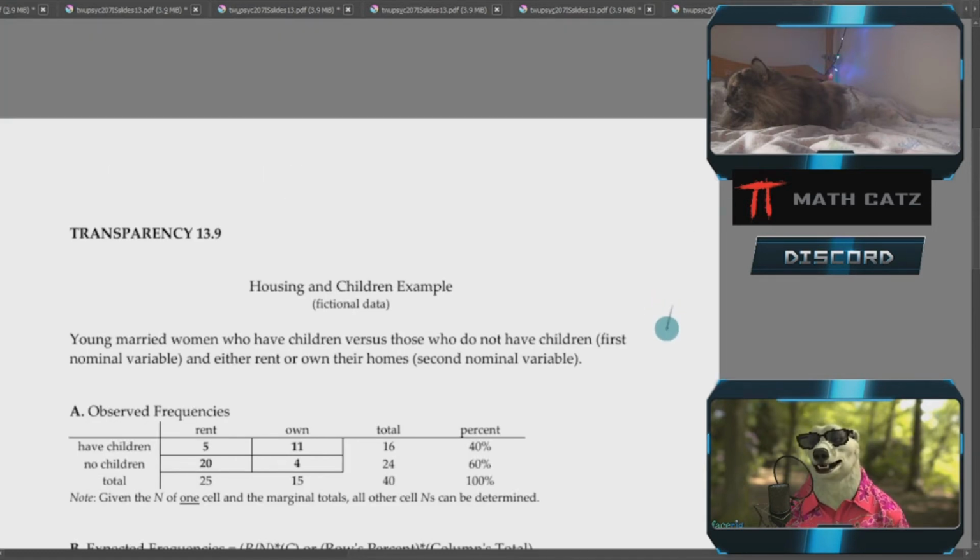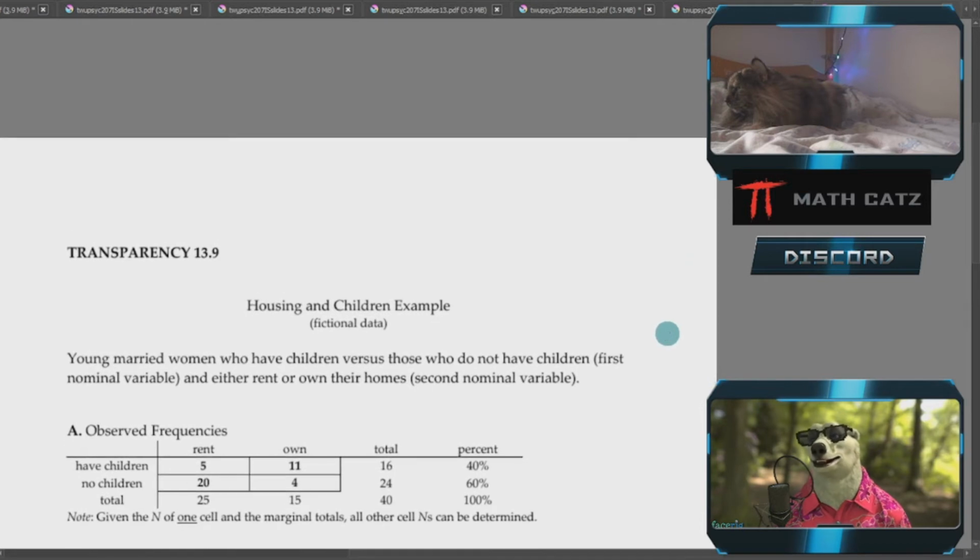This is arguably the more commonly used chi-square test. But it's very similar to what we've done before, except that we have multiple categories, or multiple kinds of categories. In a sense, we have a contingency table.